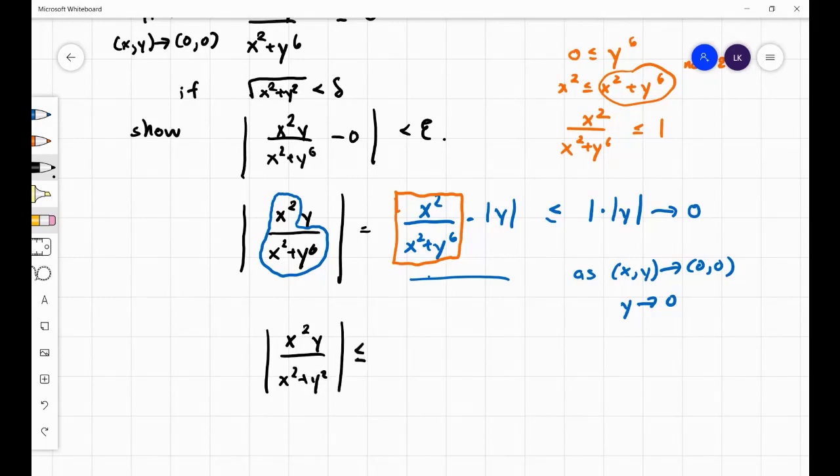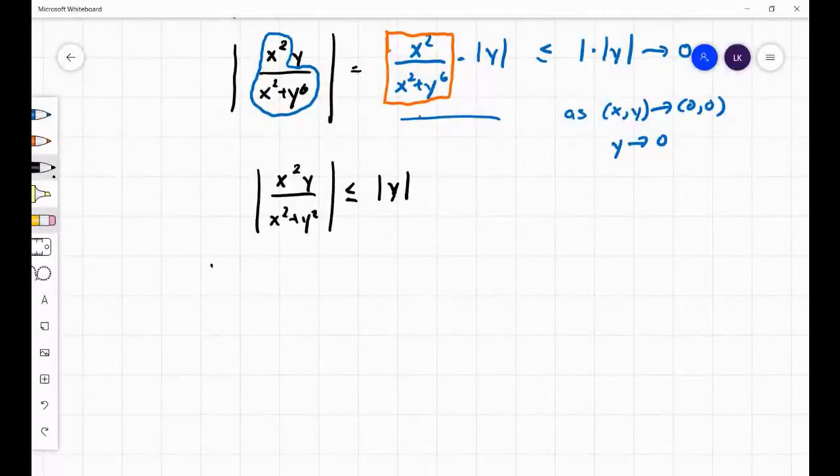We've proven that the absolute value of our function is less than or equal to the absolute value of just y. And if you think of squeeze theorem, we would then take a limit as we approach the origin.